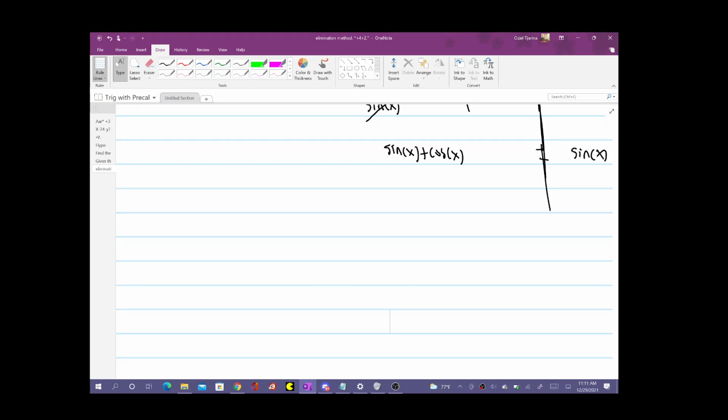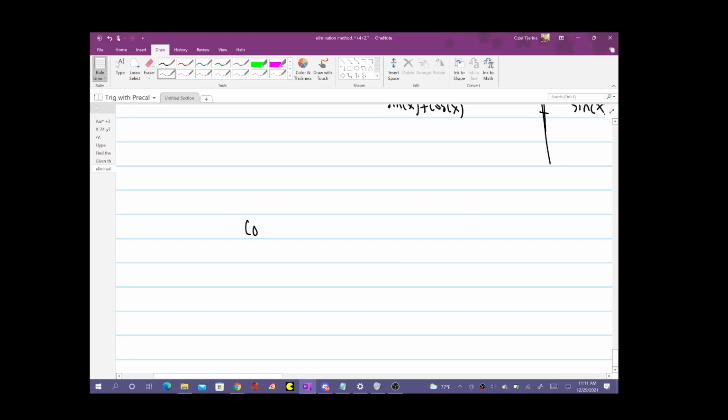So cosine squared of x over 1 plus sine of x equals 1 minus sine of x. How is that true, right?